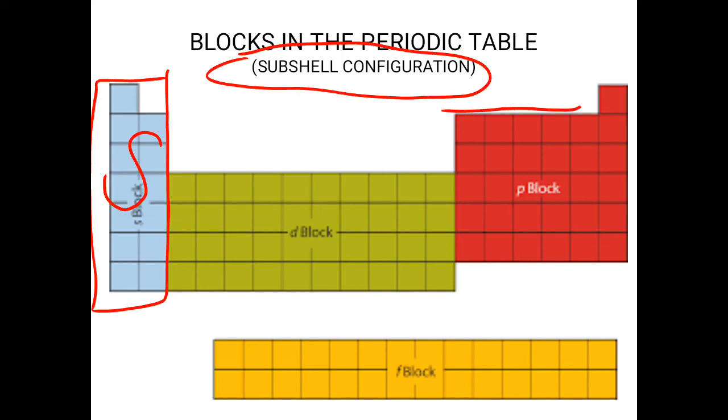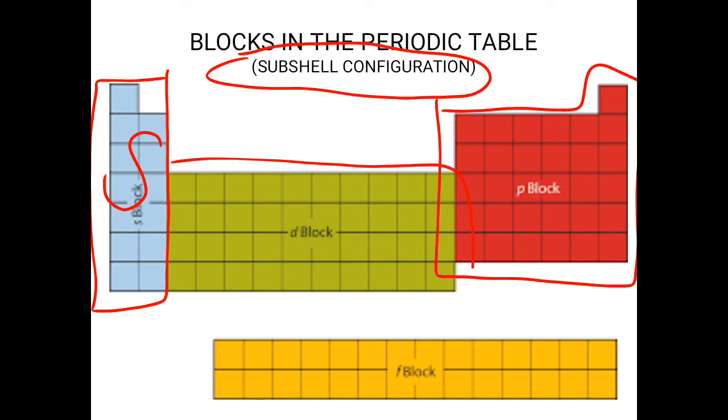The next is the block of elements in which the outermost electrons are in the P subshell, the P block. Similarly, the middle ones are the D block, which are also called transition elements.